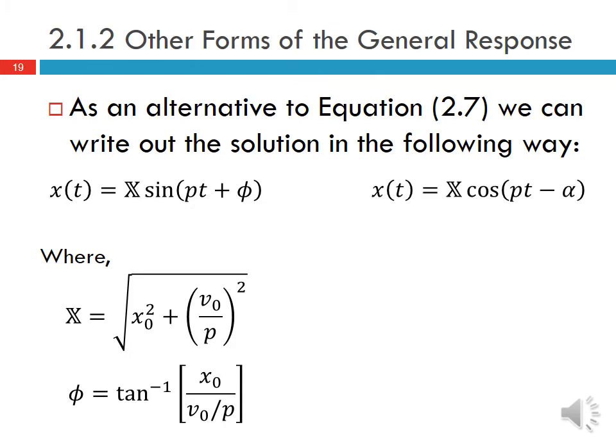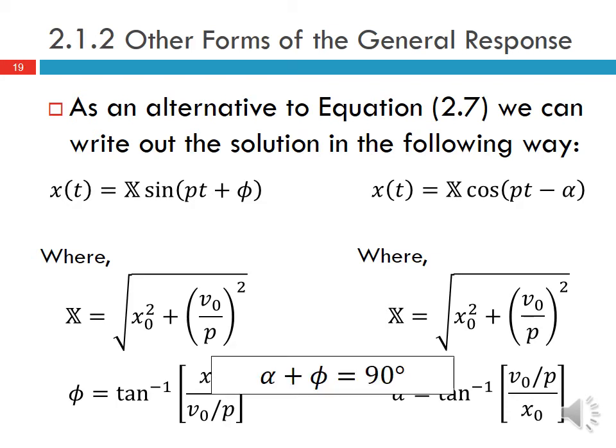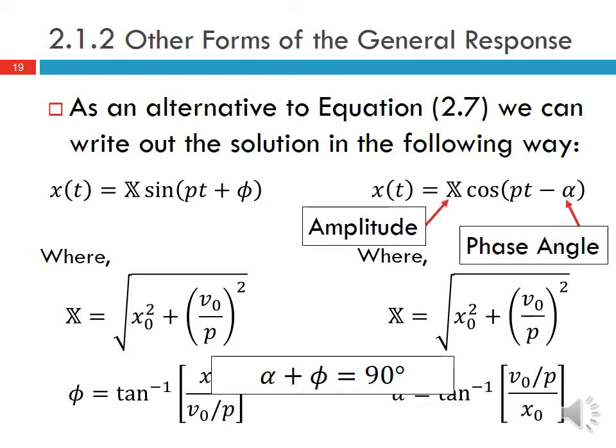We can also write it as x of t is equal to X cosine pt minus alpha, where X is the same in this case and alpha is given by the expression shown here, where you can see that alpha plus phi is equal to 90 degrees. The X here is called the amplitude, and the alpha or the phi is called the phase angle.